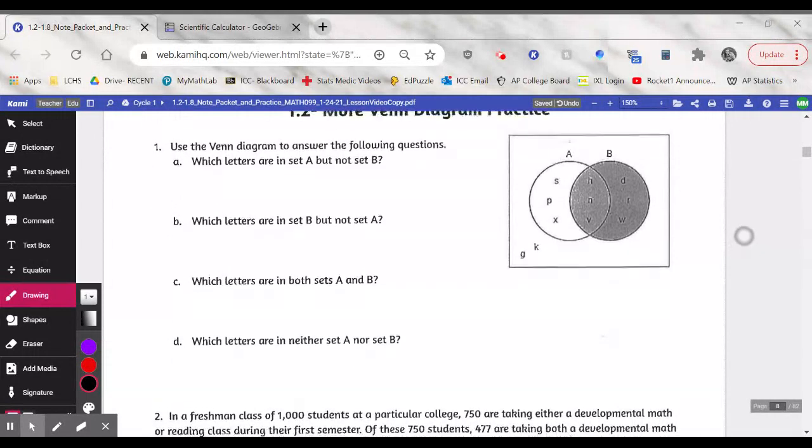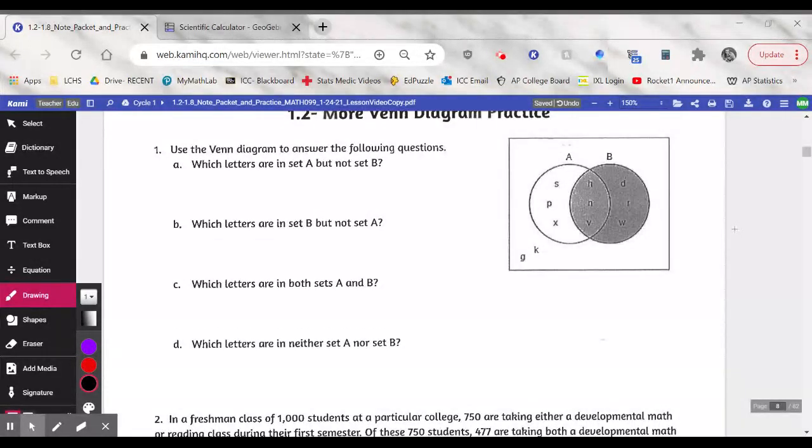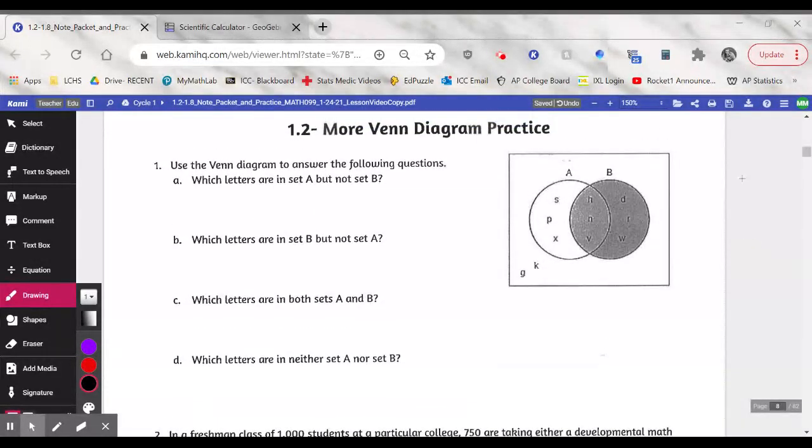All right, so in problem number 1 on page 8, you guys are asked to use the Venn diagram to answer the following questions. Part A says, which letters are in set A but not set B?